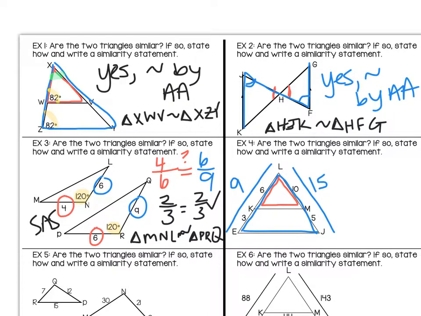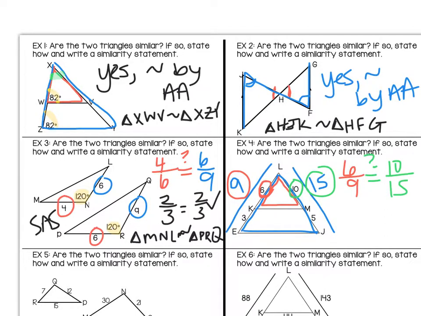So my short side of my little triangle is 6, short side of my big triangle is 9, equals 10 over 15. And we're going to see, is that in fact true?